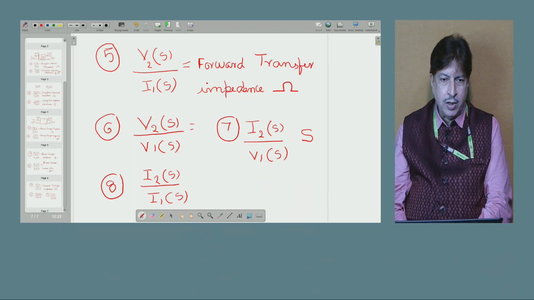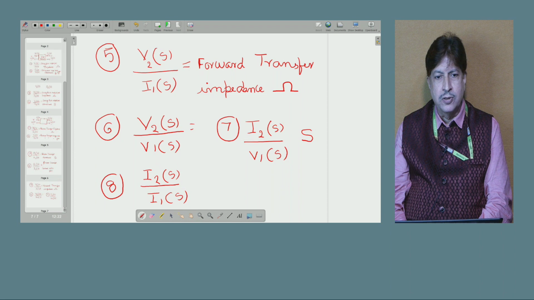A network in the two-port representation form can always be analyzed in terms of network functions. A network function can be of two categories. It is either a driving point function or a transfer function.